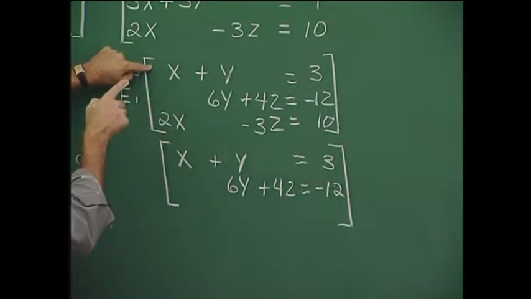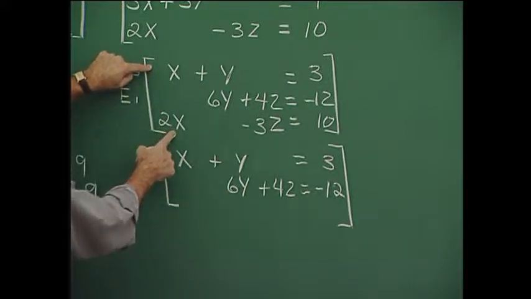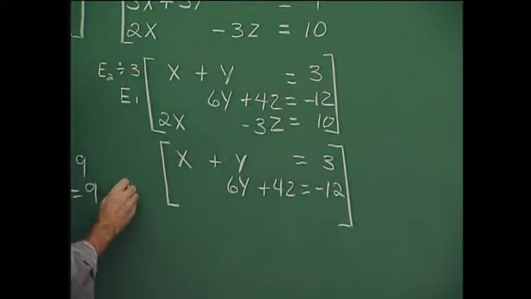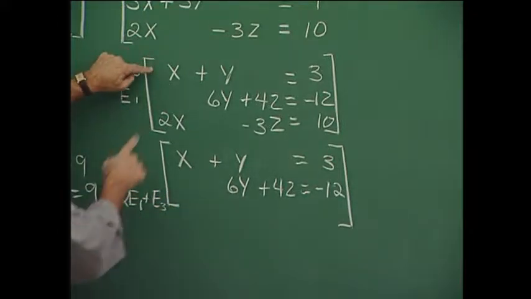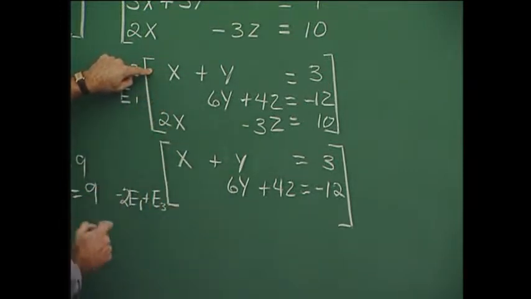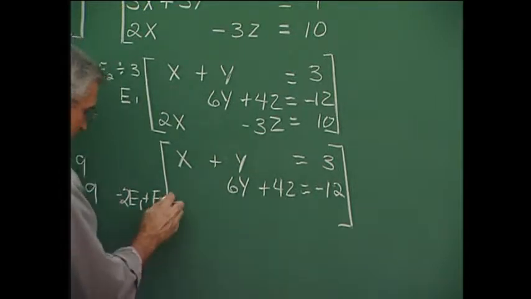So I'm going to multiply equation 1 by some amount and then add equation 3. And I'm indicating what I'm doing down here. All right, so that's the idea. So it's going to be negative 2 times equation 1 plus equation 3. That's what I'm doing. Negative 2 times x is negative 2x plus 2x, 0x as expected. I think I need to give myself just a wee bit more room down here.